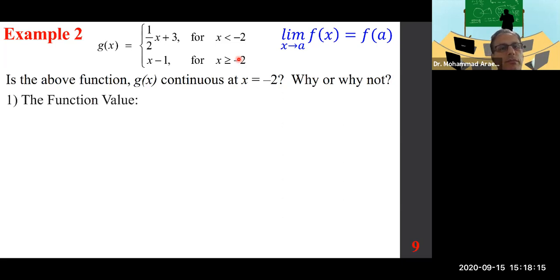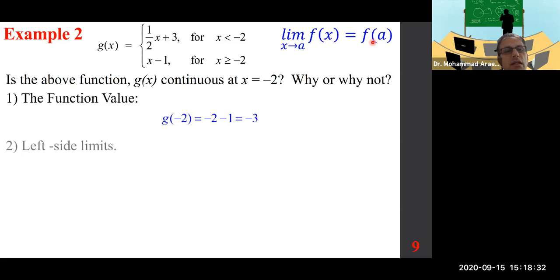evaluate those. The function value, g of -2, we go with the equality class, and we use this one, x minus 1, and we get -3. So this is the functional value. In other words, the right side here. Let's look at the limit. To look at the limit, we look at the one-sided limit. Left-sided limit, when x is less than -2, we are here, and we're going to use this piece.